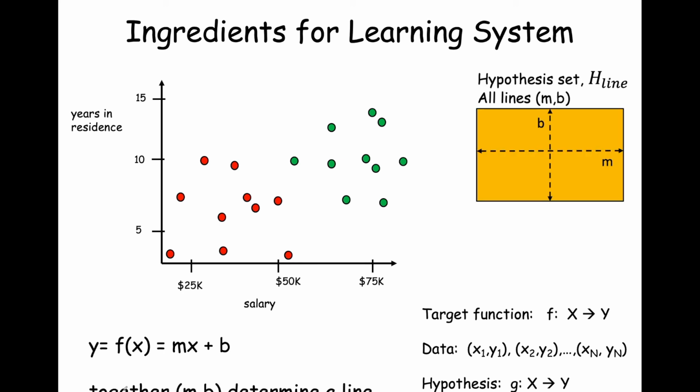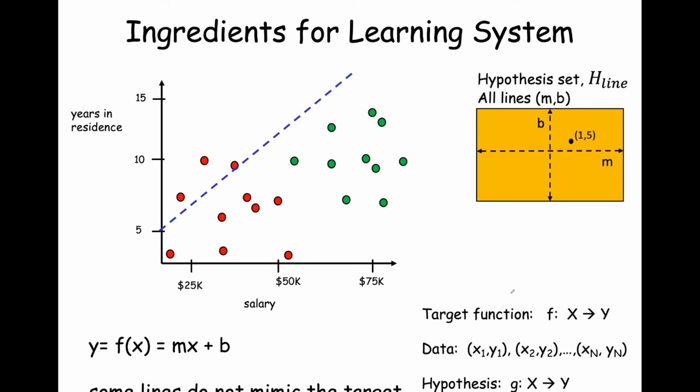Together, some selection for m and b, our slope and y-intercept, uniquely determines a line. I've depicted in the upper right-hand corner a hypothesis set that I call H subline. Every choice of m and b uniquely represents a line. Let's choose an example line: a line of slope 1 and y-intercept of 5.